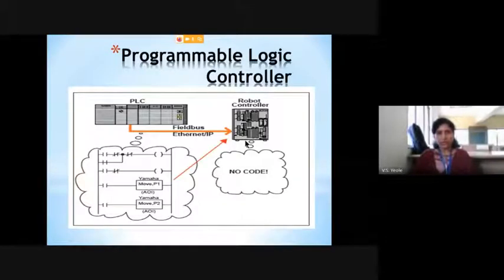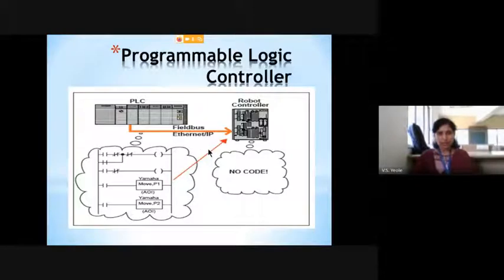And the second controller is the programmable logic controller. The programmable logic controller can program the operation of the robot as per our requirement or application.